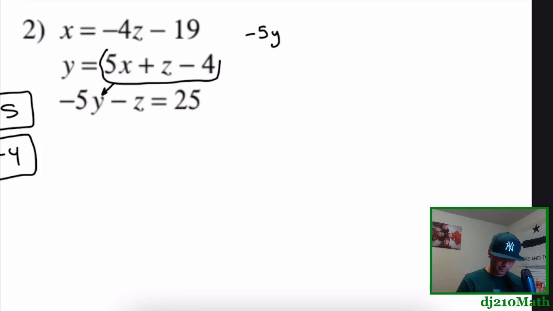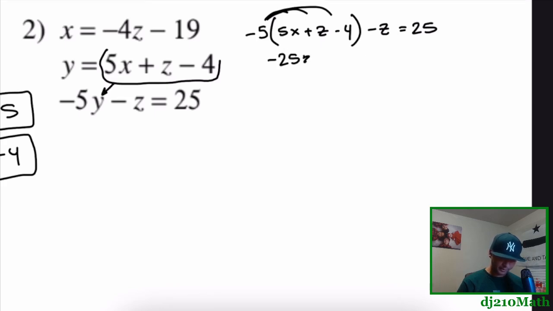So negative 5y. In this case, y is going to be 5x plus z minus 4, minus z equals 25. Distributing the negative 5, we're going to get negative 25x minus 5z plus 20, and then minus z is equal to 25.